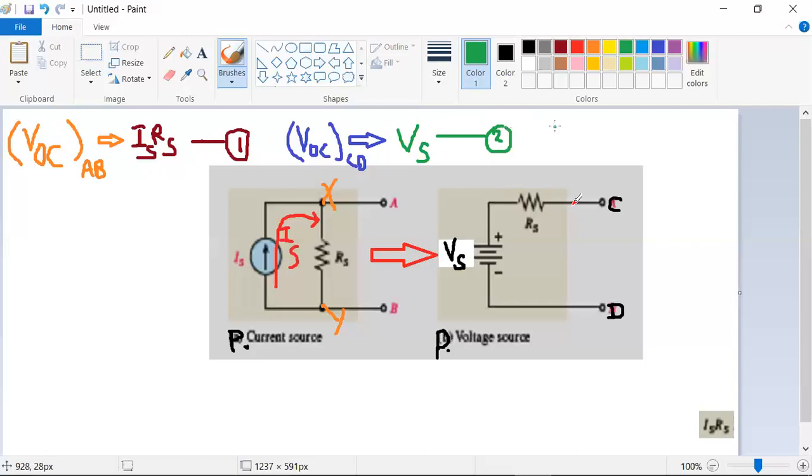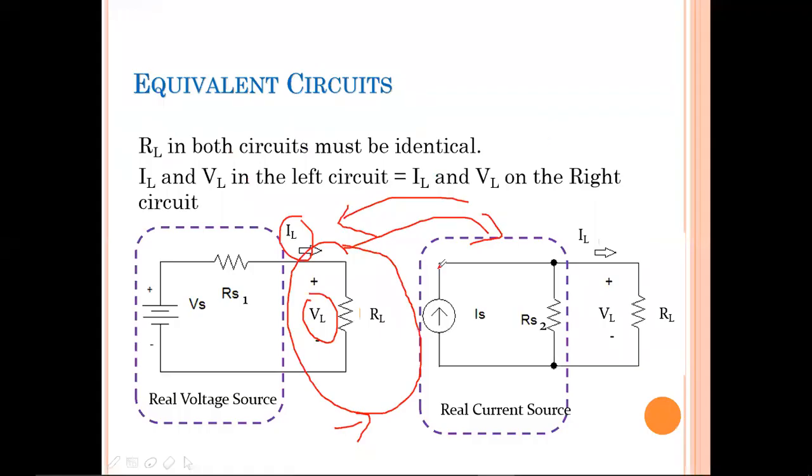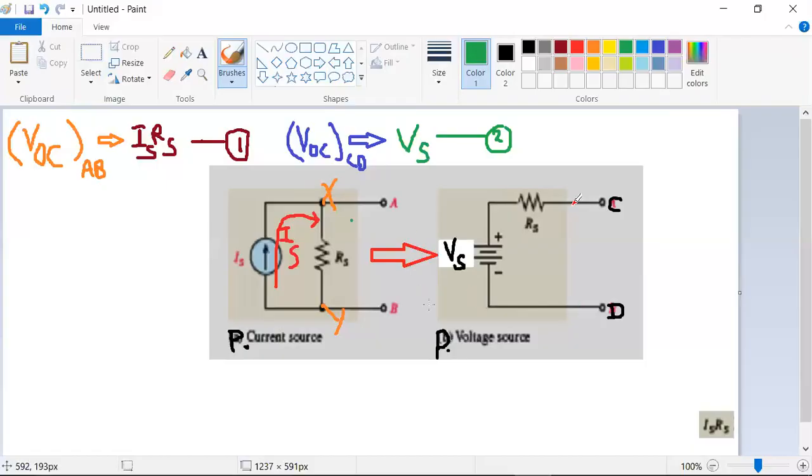As per this rule, the IL should not be changed and VL should not be changed. So based on this rule, I am going to equate both equations, means equation number 1 is equal to equation number 2.